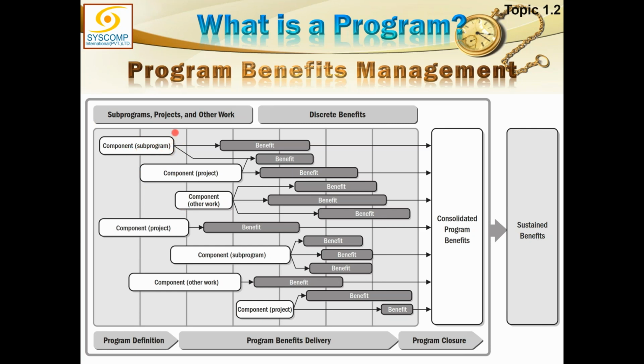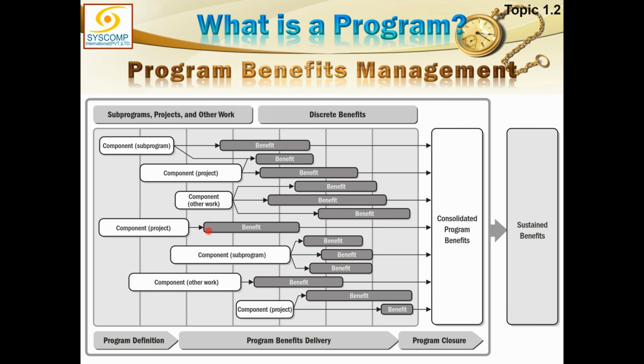It looks like it finishes here, but the benefit is yielded after probably one complete cycle, one periodic cycle it takes to start yielding the benefits. And yielding the benefit remains the responsibility of the program, and that is part of program benefits delivery.